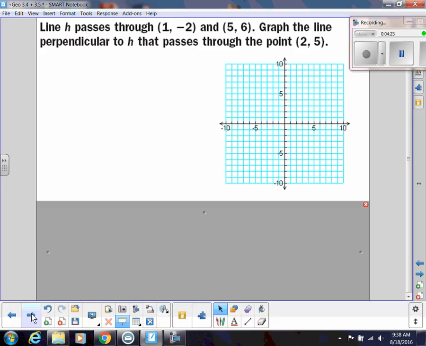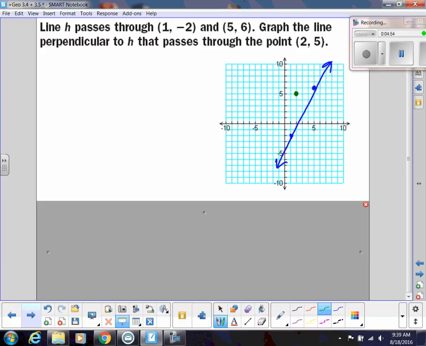In this example, I want us to draw a line that passes through those 2 points, and then graph the perpendicular line that passes through that other given point. So at 1, -2 and 5, 6, there's our line. If I want a perpendicular line that passes through the point 2, 5, here's 2, 5.